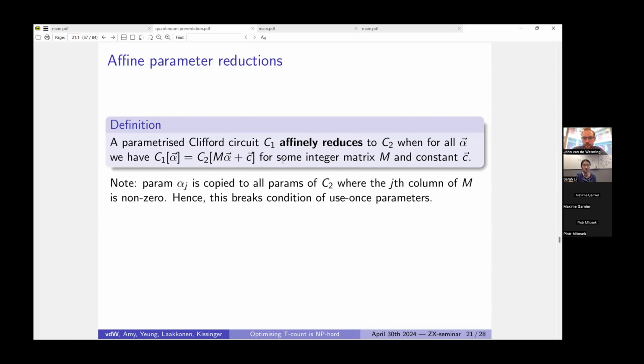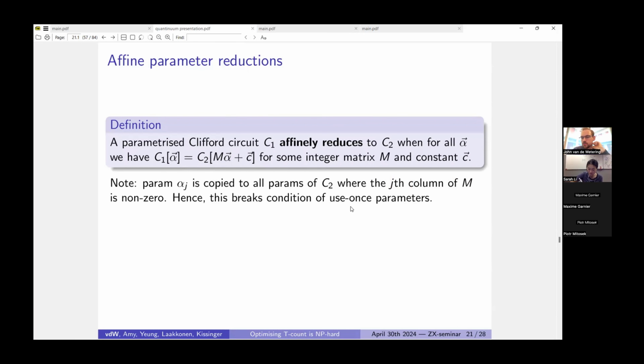Now, one thing to notice is that if we have a parameter alpha j on the left side, then this matrix M can copy the single parameter to multiple spots in C2 if the jth column of M is non-zero. So even though we could have unique parameters on the left-hand side, these parameters could be non-unique on the right-hand side.